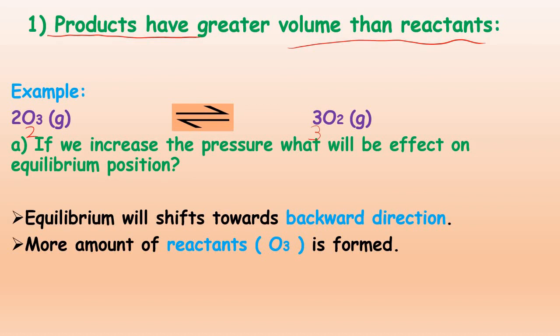So take this example, the number of moles is less on the reactant side. Look at the answer. Equilibrium will move towards the backward direction, or the reactant side, or the left side, right? And then more amount of reactants like O3 will be formed, right?